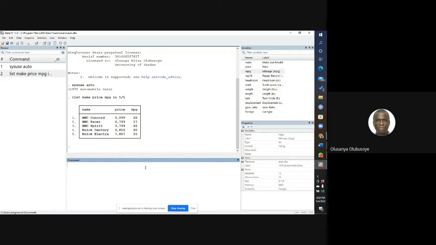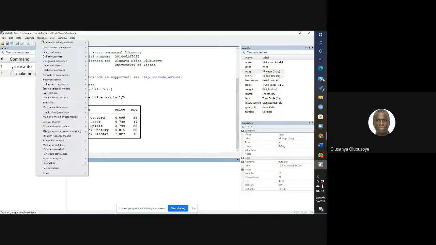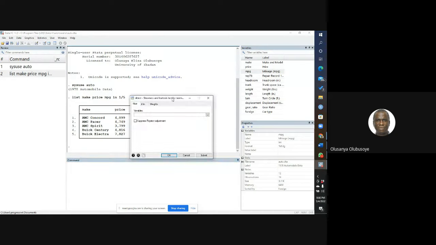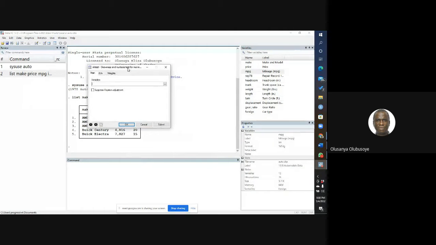So our objective is to use the skewness and kurtosis normality test. If I click, this window will come, and you now need to select the variable you want to test.